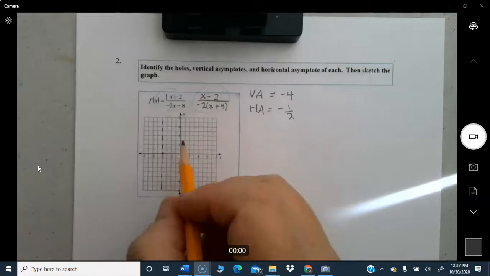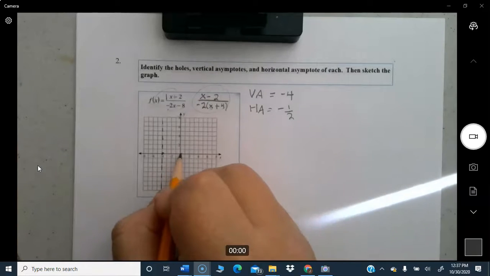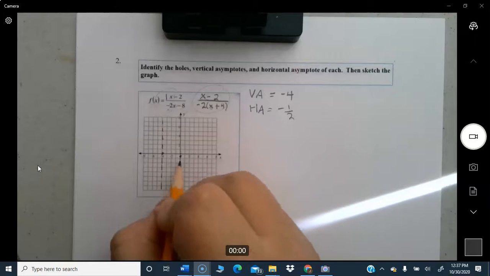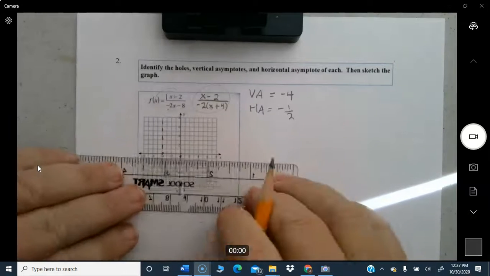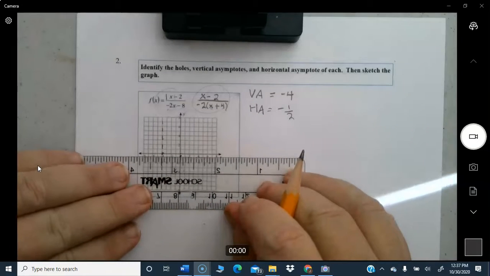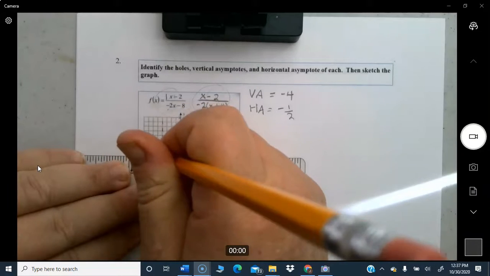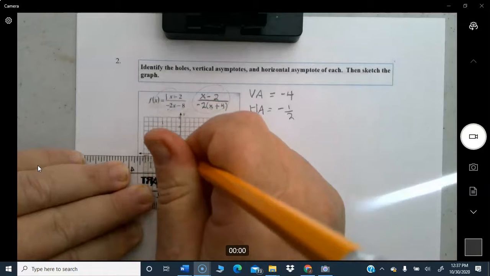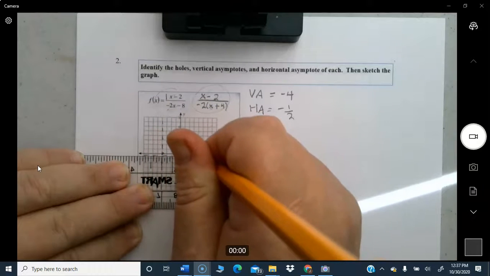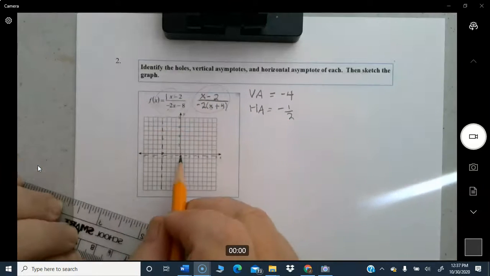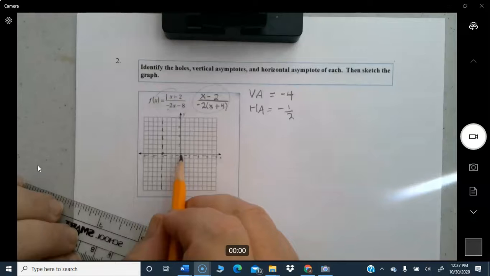So if I go here and go down just half, I'm going to draw a little dot so I don't cover up everything. It's going to be a dashed line through that dot. I should do this with a really sharp pencil so it clearly shows halfway between. It should be exactly halfway between these two lines.